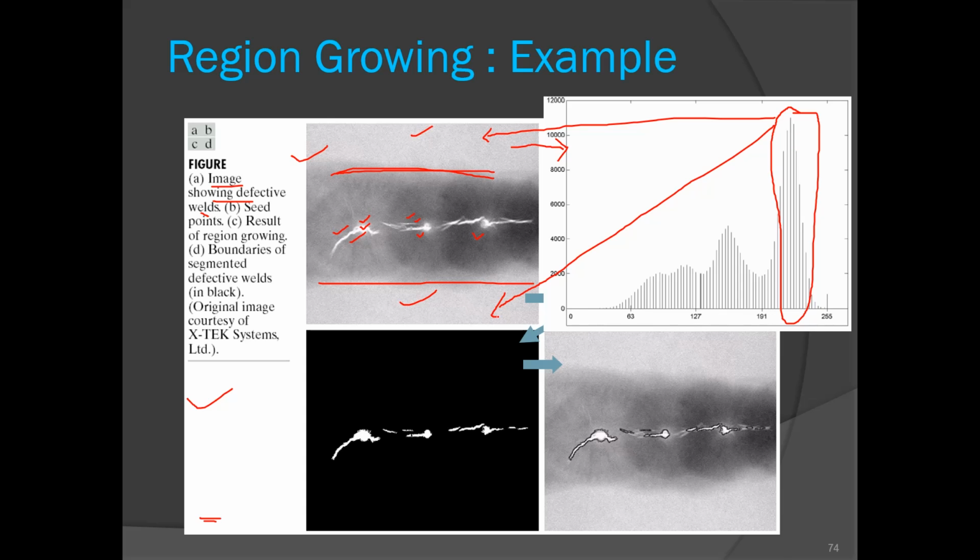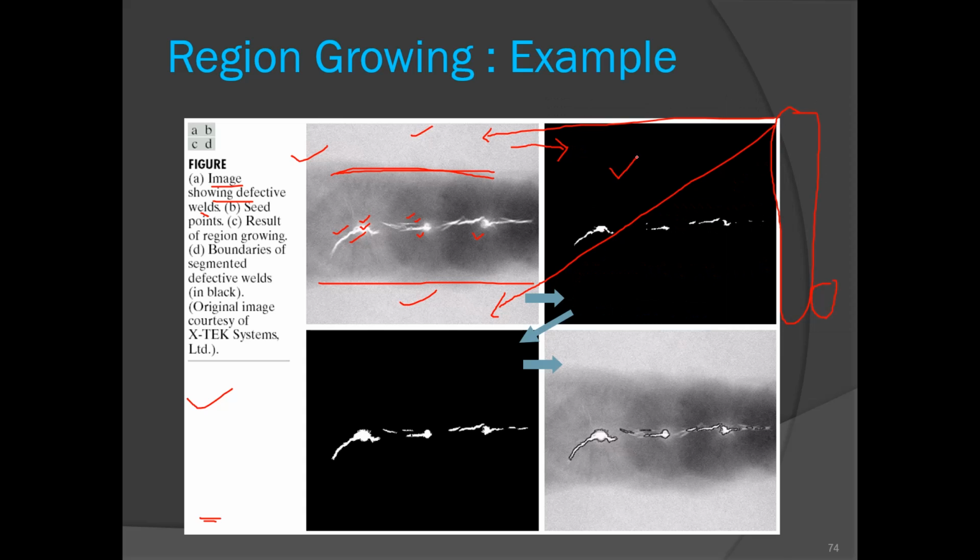These values represent our cracky region. To find this thresholded output, we have set the threshold as 254. That means the crack pixels have intensity 255, and we have found the seed points.